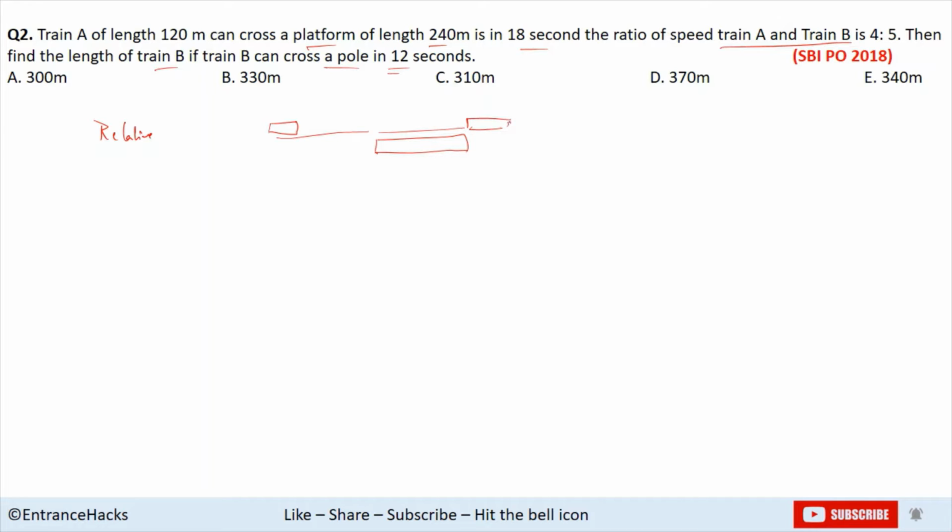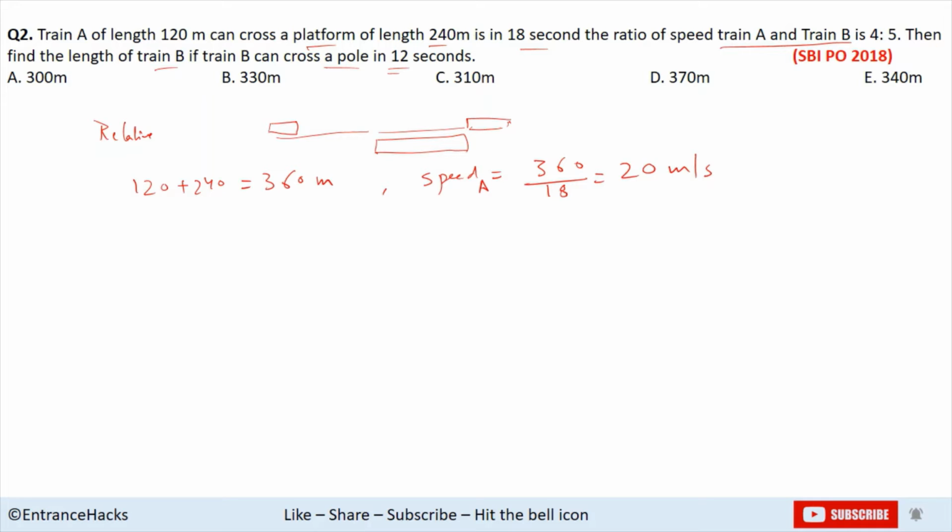So the relative length would be 120 plus 240, that is 360 meter, and it is doing so in 18 seconds. So its speed is equal to distance upon time, that is 20 meter per second. That is the speed of train A.